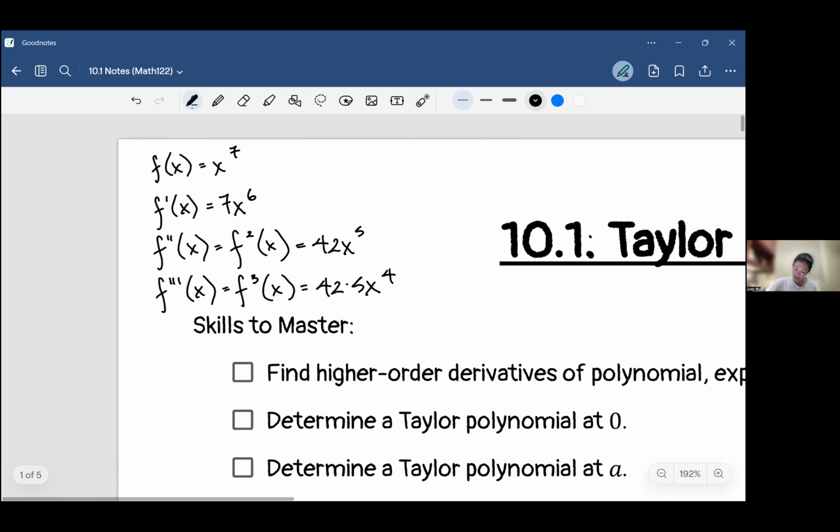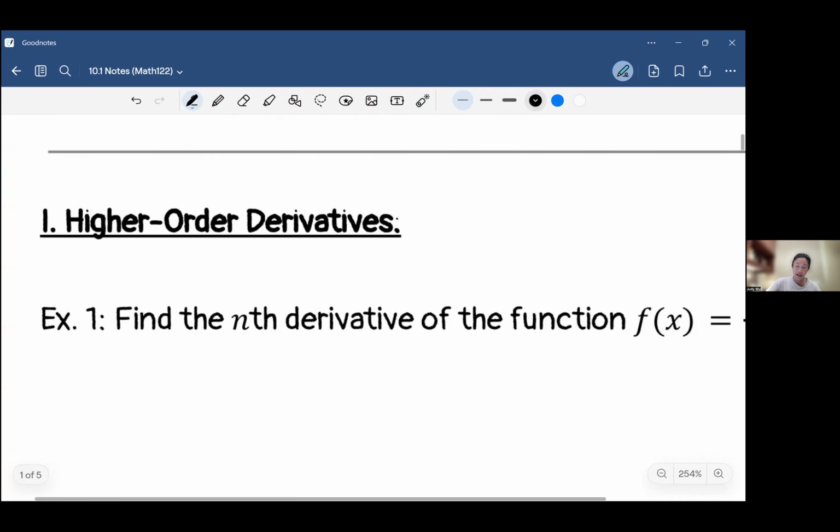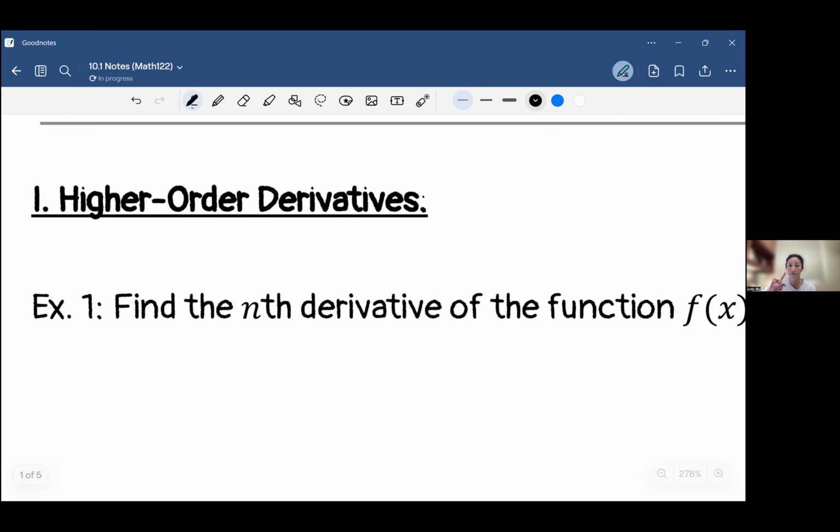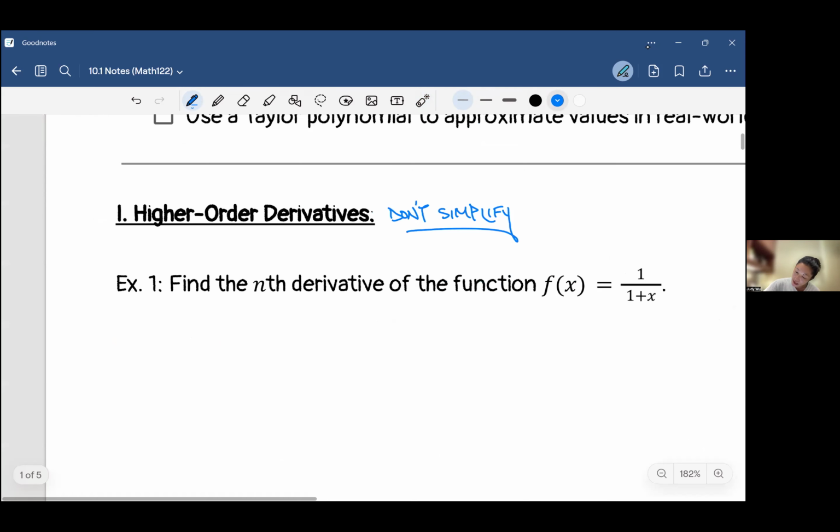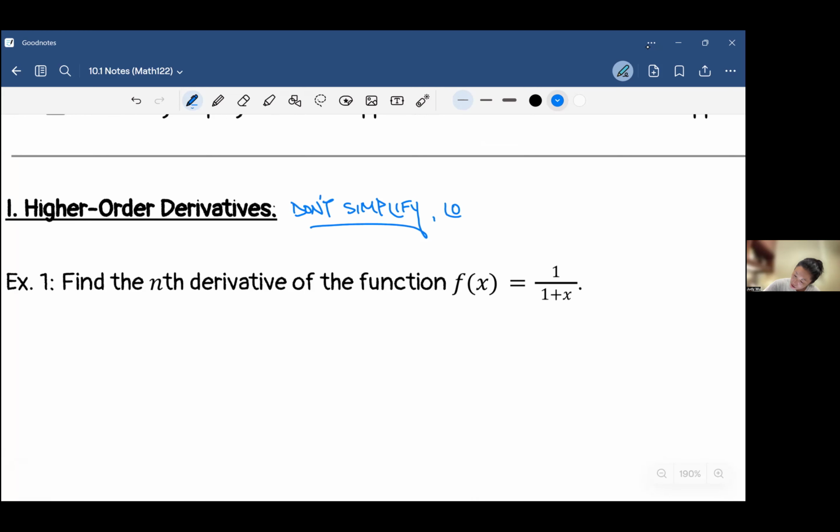As we take a look at these higher order derivatives, the name of the game here is that we're not going to simplify. Don't simplify. Instead, we're going to look for patterns.